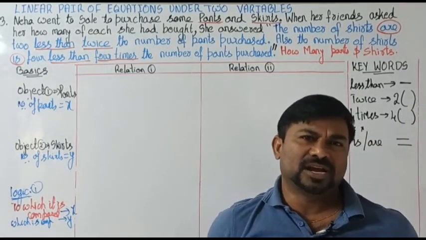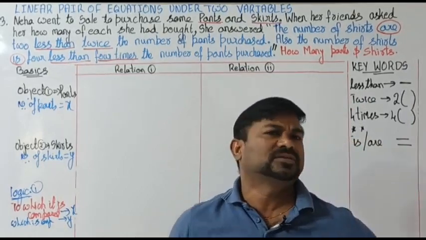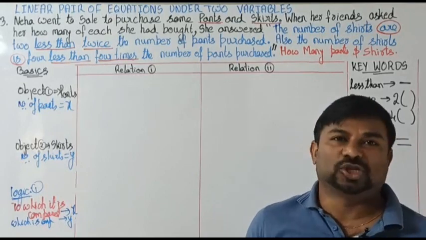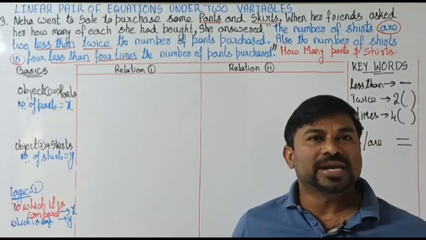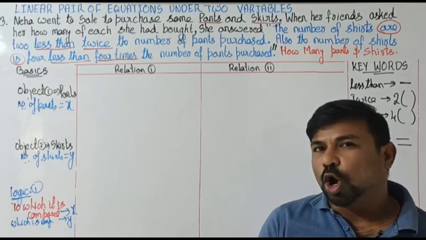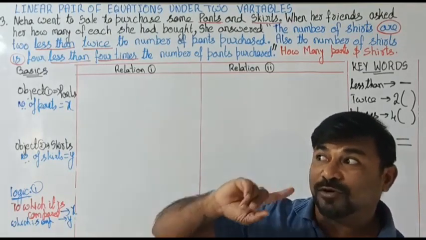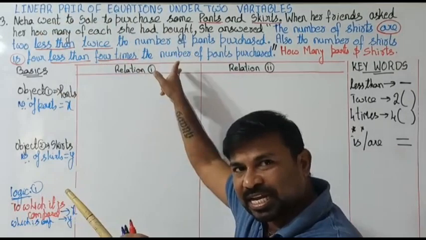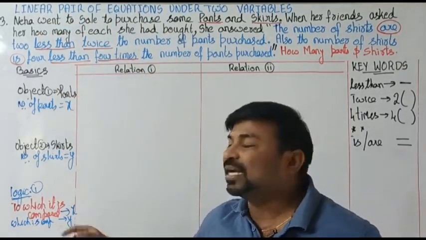For any object, it might be skirts and pants, cycle and car, length and width, money, marks, whatever it might be, when we are dealing with object related sums, to which it is compared, take it as X, and which is compared, take it as Y.